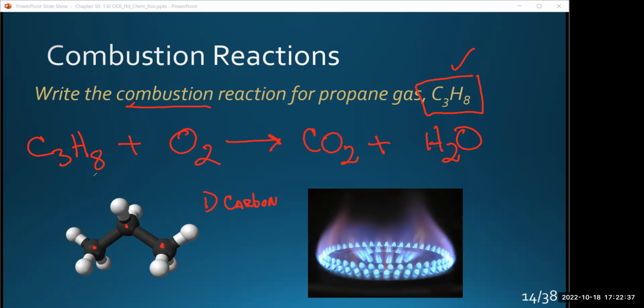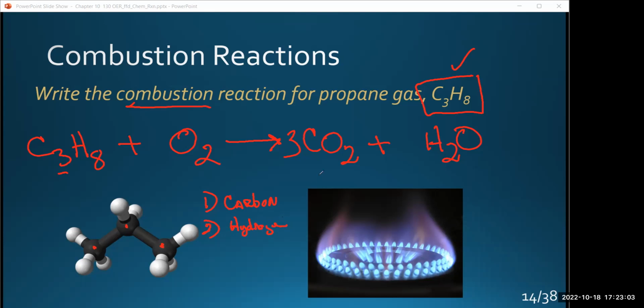So always look to the reactant side. You have 3 carbons on the left-hand side. On the right-hand side, the carbon exists in the form of carbon dioxide, so I simply put a 3 in front of carbon dioxide. Step number 2, balance the hydrogens.